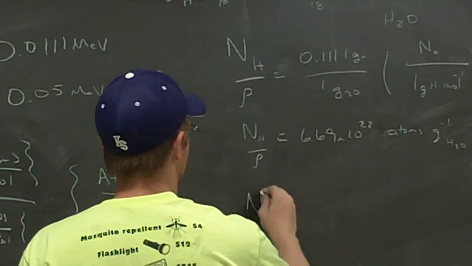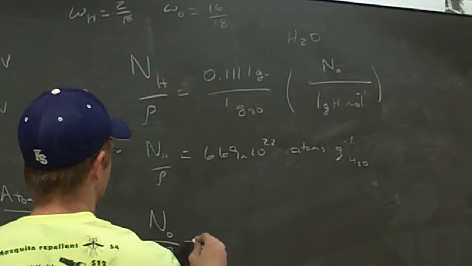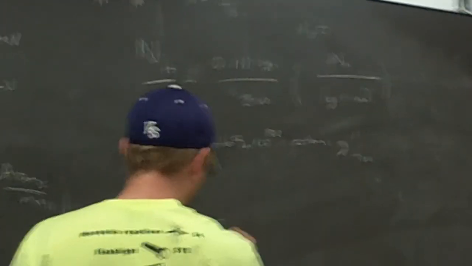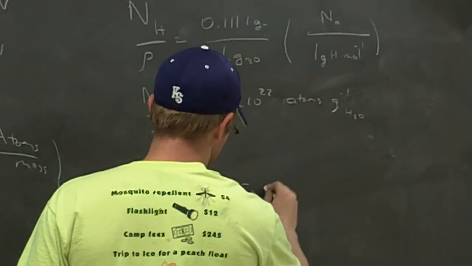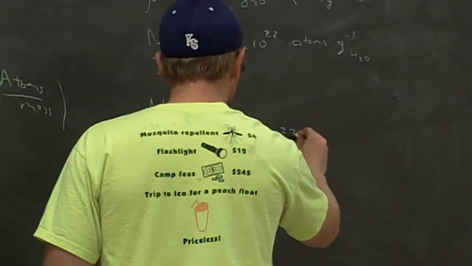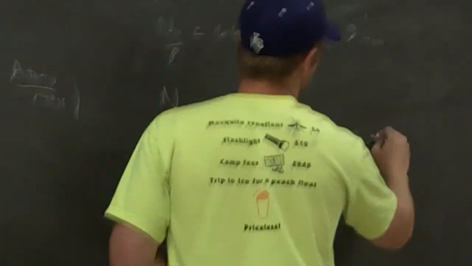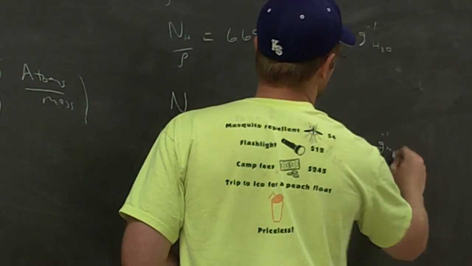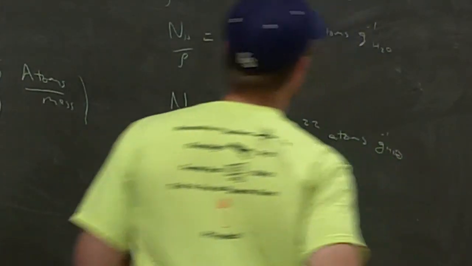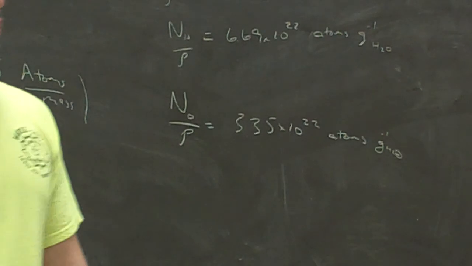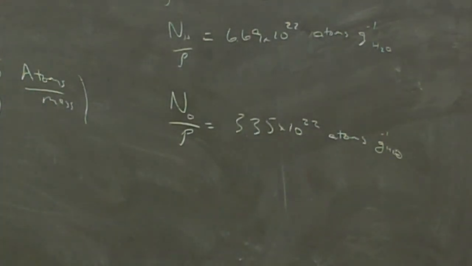In a similar way, you can calculate oxygen, and you get 3.35 times 10 to the 22 atoms per gram of water. This should make sense. In water, we have more hydrogen atoms than we do oxygen atoms.